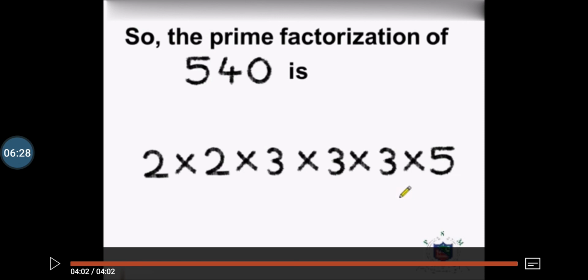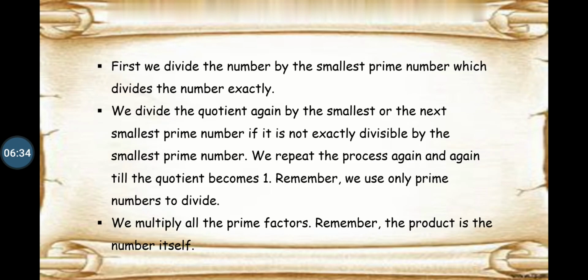So my dear students, now you have to try some numbers, to see how you can break them into prime factors. So let's look at the summary of what we learned today. First we divide the number by the smallest prime number which divides the number exactly.